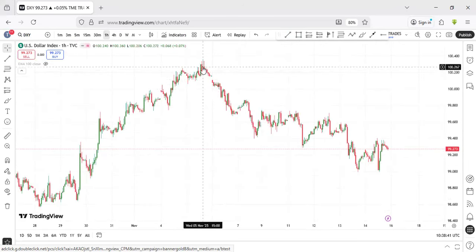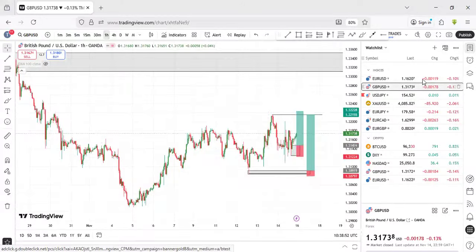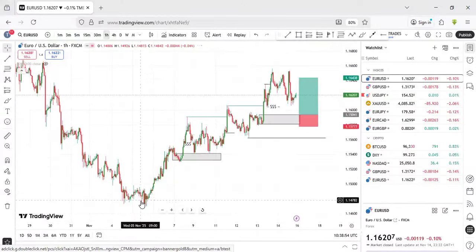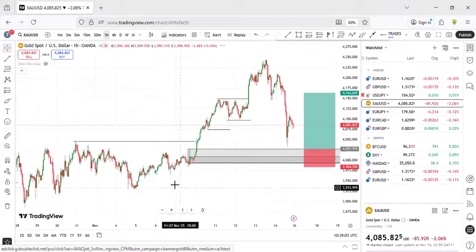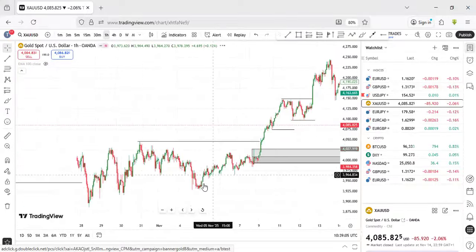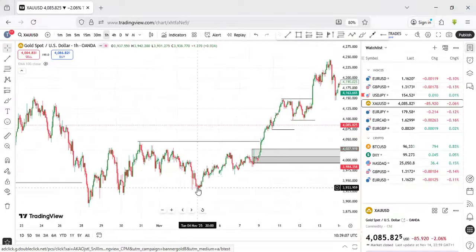When you go to GBPUSD, you will discover that this market started buying from the same 5th of November, right? Now, when you go to EURUSD, you discover that EURUSD started buying since that 5th of November. When you get to gold, gold started buying from the same 5th of November, right? It has been going to the upside.